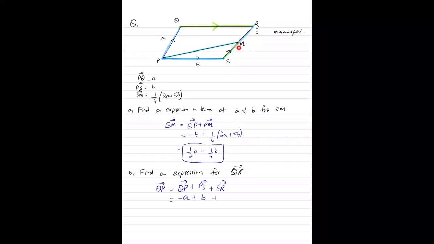SM. M is the midpoint. So SM vector is going to be half of vector SR. So what is SR going to be equal to in terms of SM?